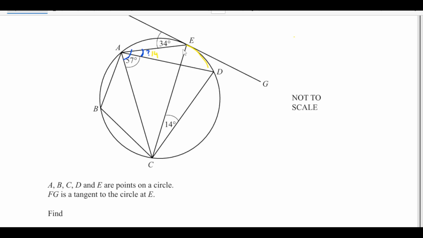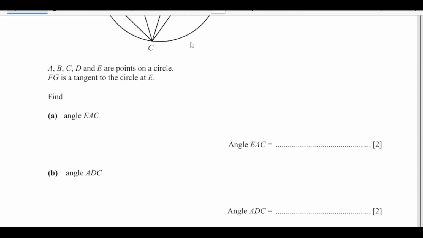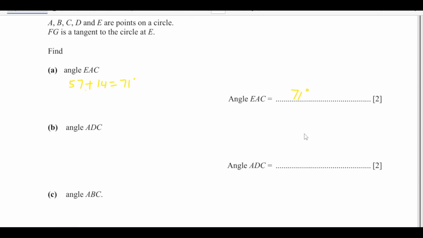So this angle is 14 also, because they are in the same segment. Then EAC is going to be 57 plus 14, that is 71. So EAC is 71 degrees.